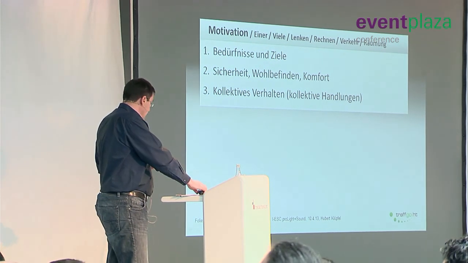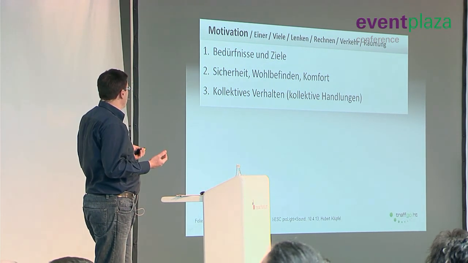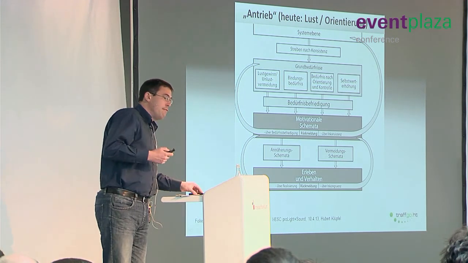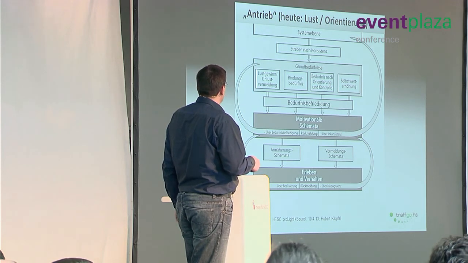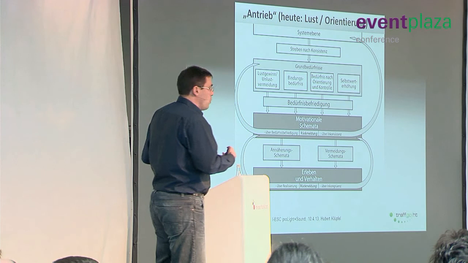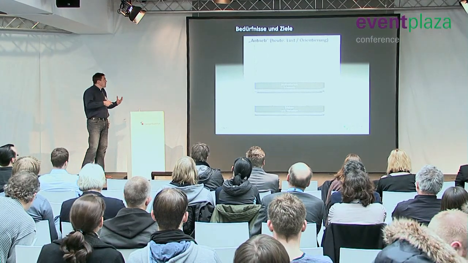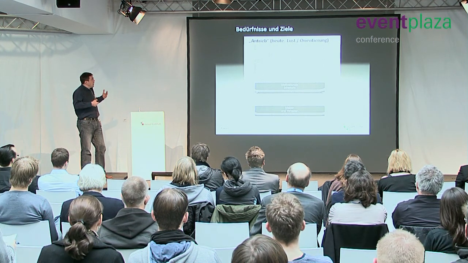When it comes to motivation, we have to think about several sub-aspects: needs and goals, safety, well-being and comfort, and collective behavior and action. This is a rather complex graph. What is decisive here, from my point of view, is that human movement and human action in general are nourished by needs.